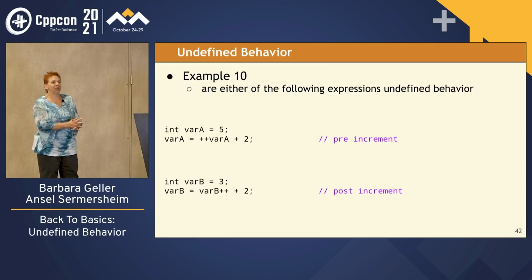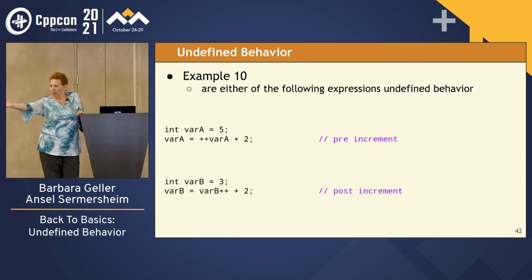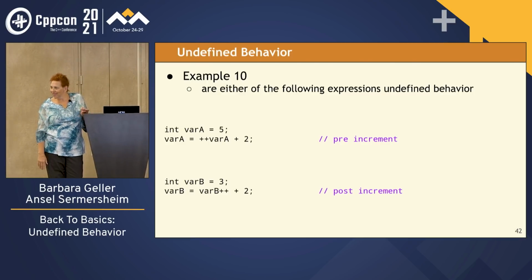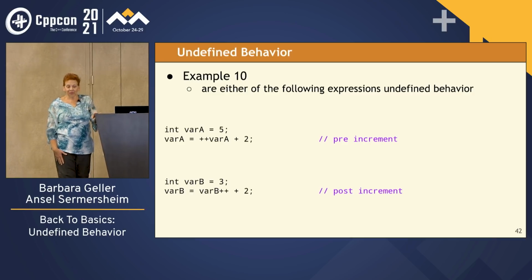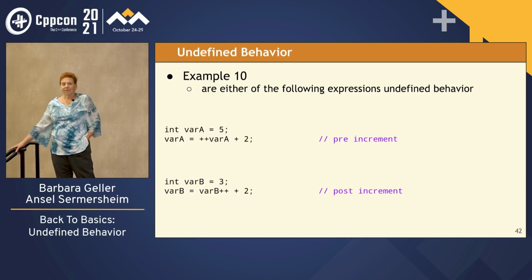Anyone want to take a stab at this? var A is 5. The pre-increment increments and returns the new value. Like the post-increment returns the old value, right? So 8 and 5? Am I guessing?